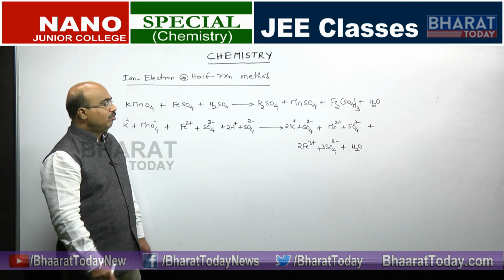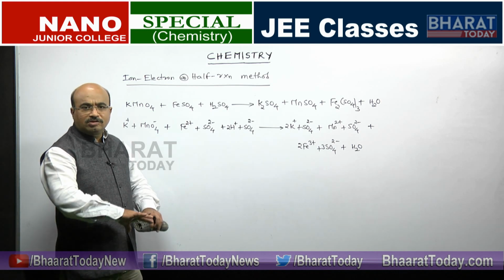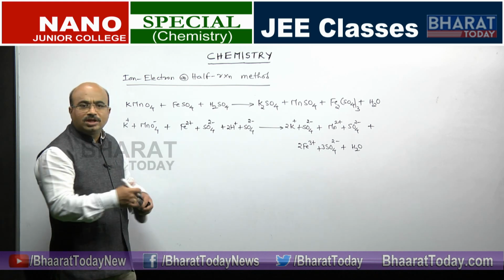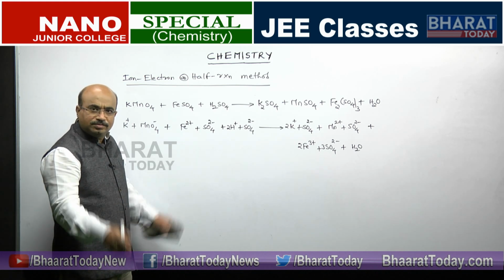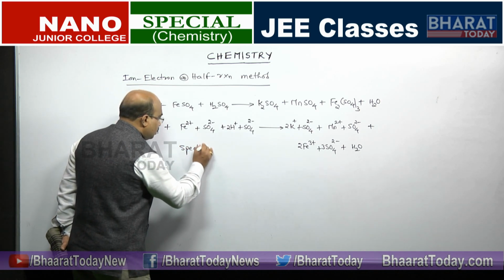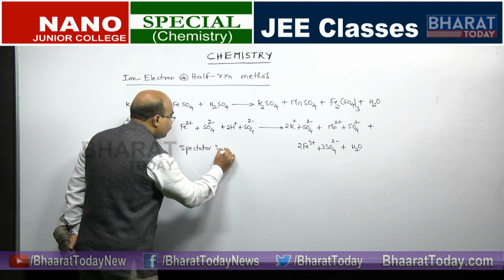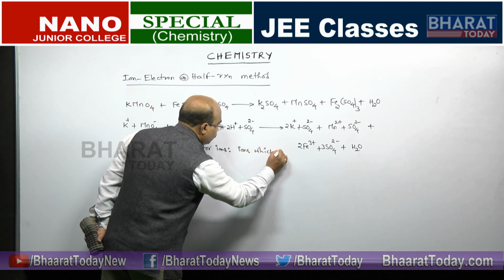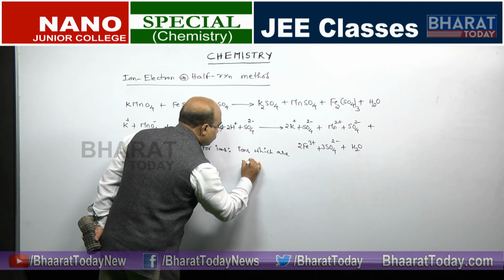Clear? So, what we do now is, when ions are there on both sides, you assume they are not involved in the reaction and cancel them, that is it. We call those spectator ions, ions which are not involved.